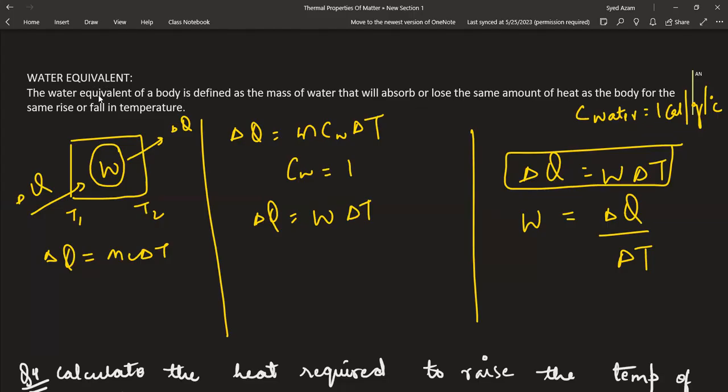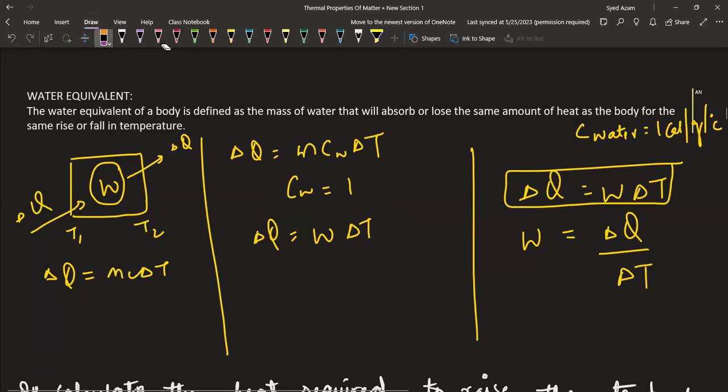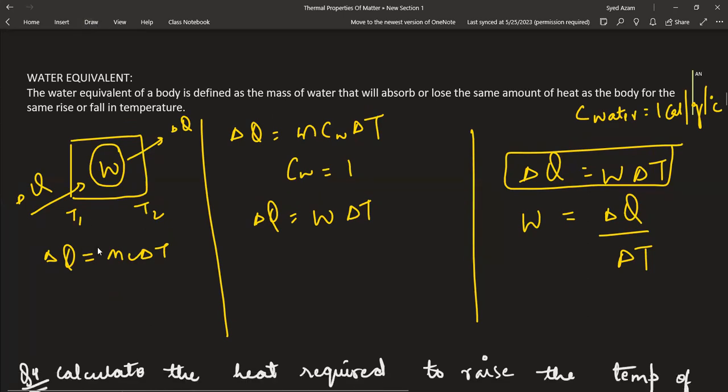This water equivalent is basically the mass. If you multiply M into CW, mass into C, the value of CW here usually is taken as 1. The specific heat of water is taken as 1.